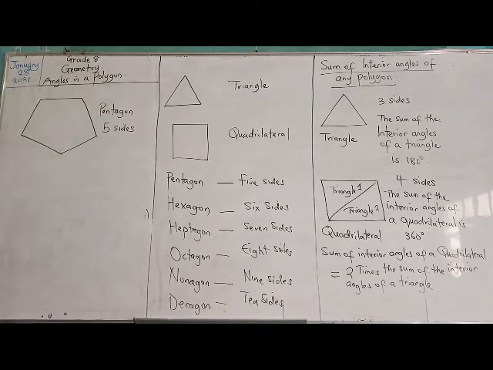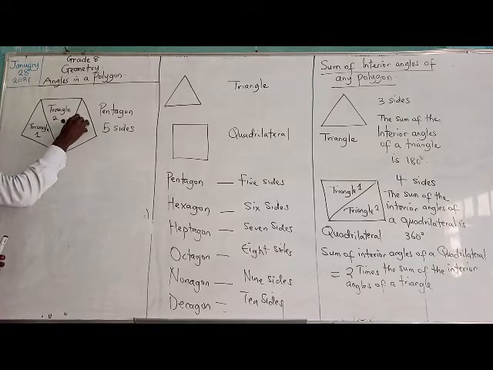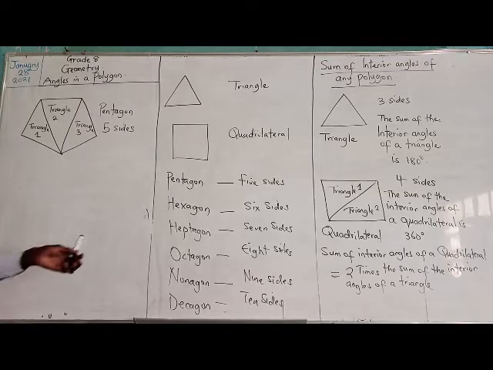So let's cut this pentagon now. You cut from a fixed point here. So what you're going to see is triangle 1, triangle 2, and triangle 3. So you have 3 triangles present in this pentagon.